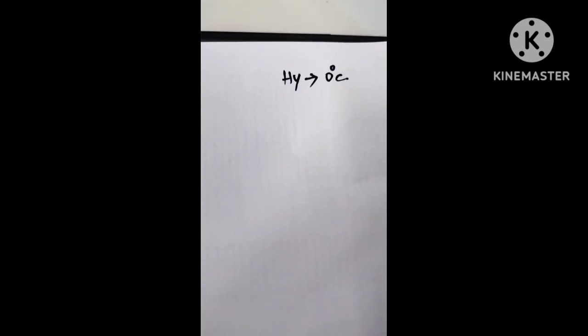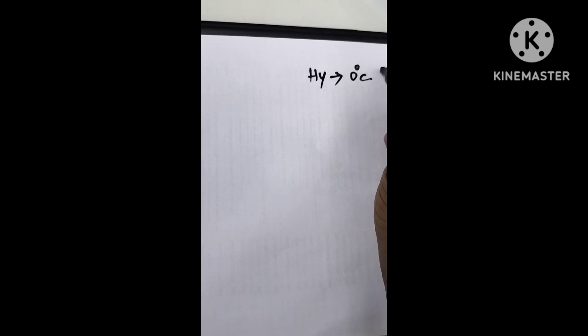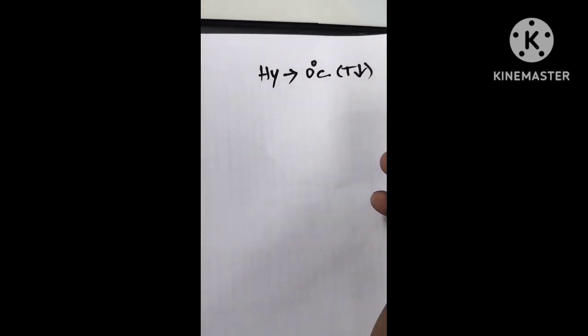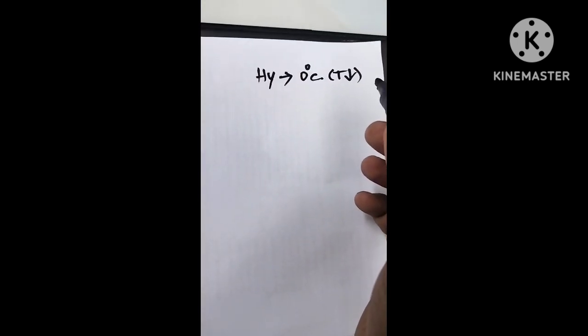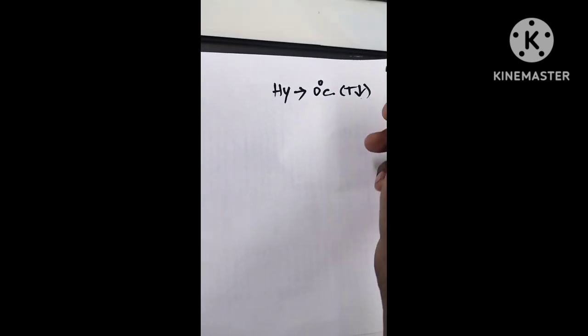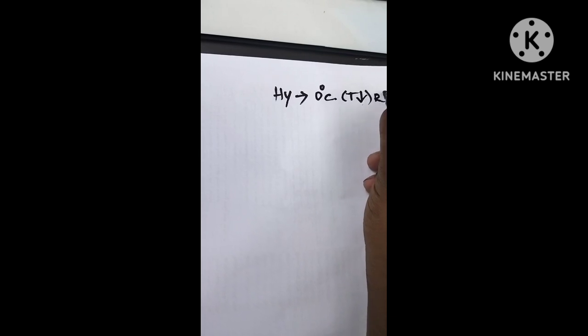So 0 degrees means the temperature is very low. If the temperature is low, the resistance will be higher. So I need to check with my multimeter what the voltage is there. If the temperature is low, the resistance will be high.